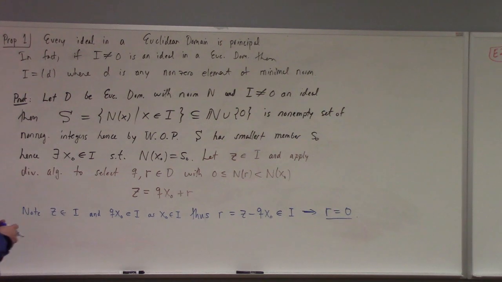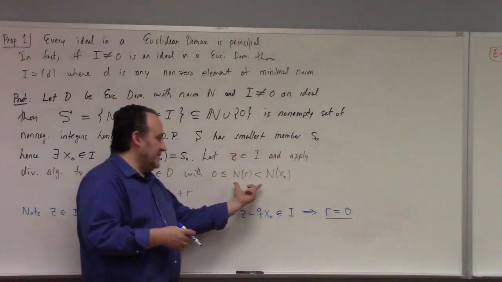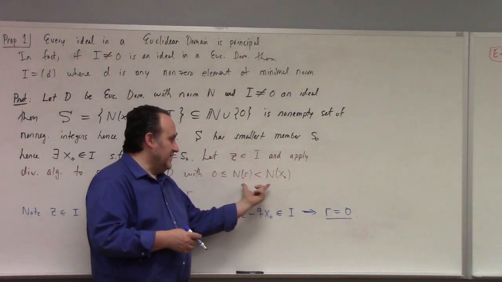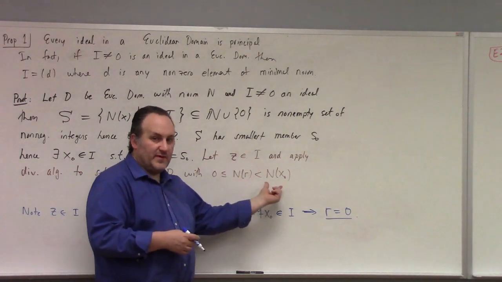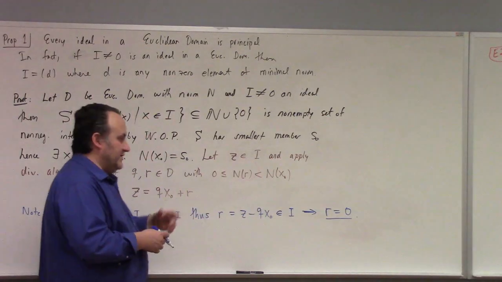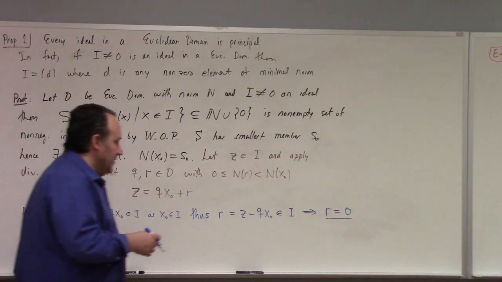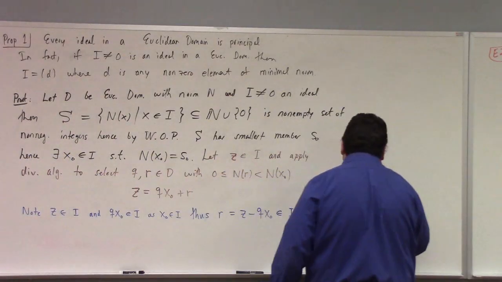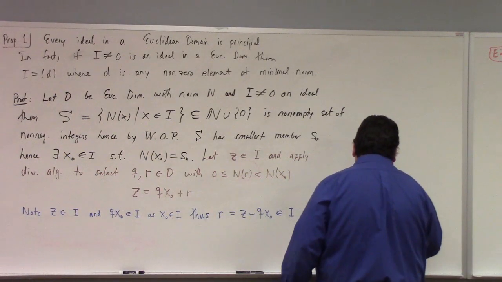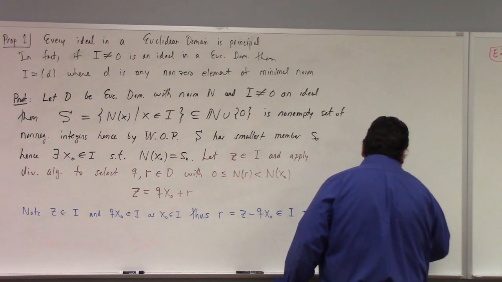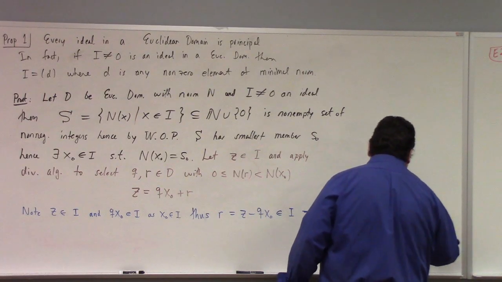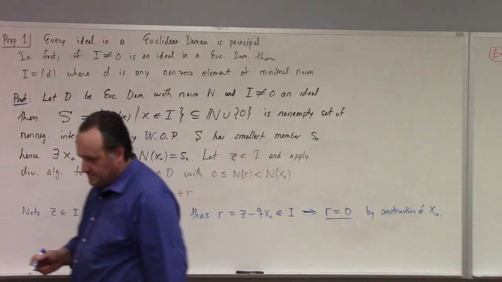So it must be 0 because to say otherwise is to contradict the construction of x naught. It would give us an element of smaller norm than the smallest normed element. So we must have r equals 0 by minimality of x naught, by construction of x naught. And then what?